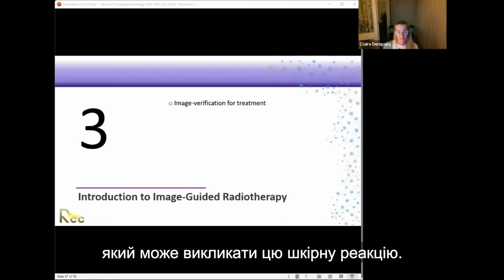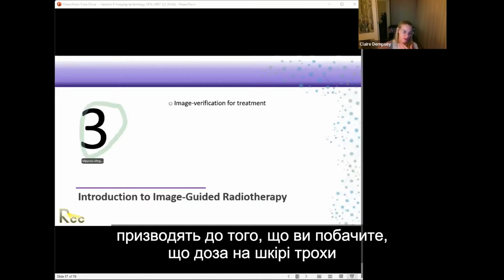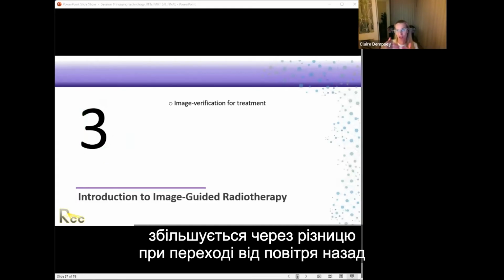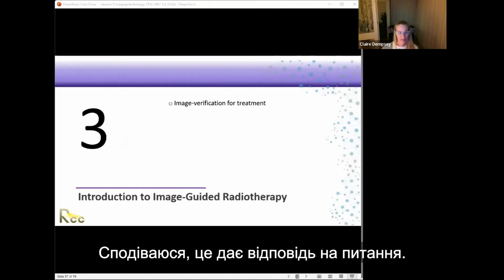So air gaps, generally what you'll see is a little bit of increase in skin dose because of that difference jumping from water to air back to water. So hopefully that answers the question.